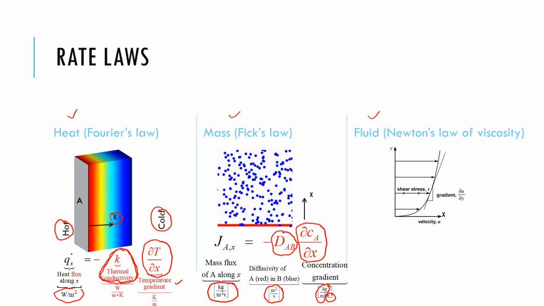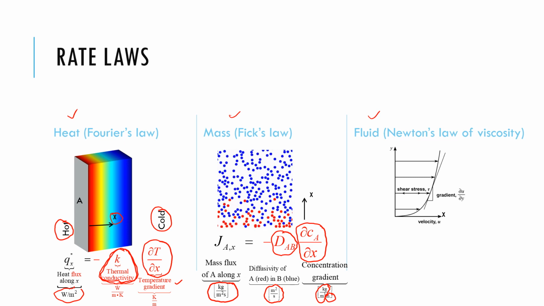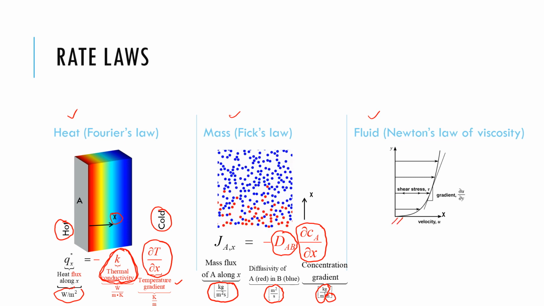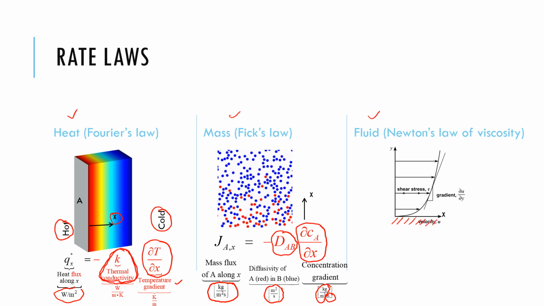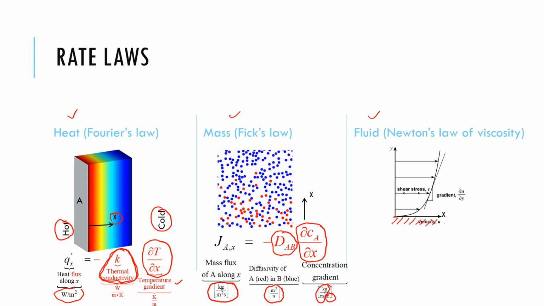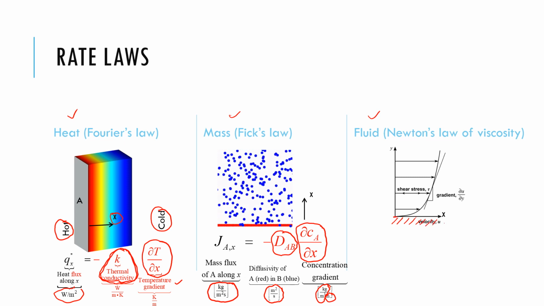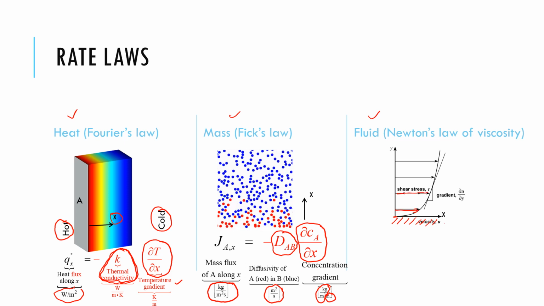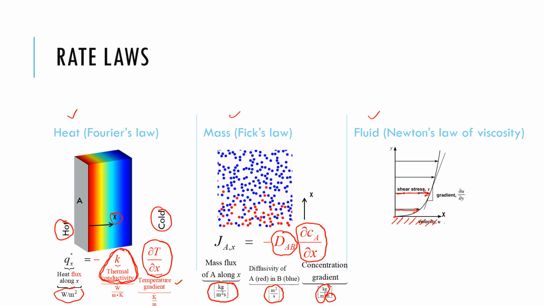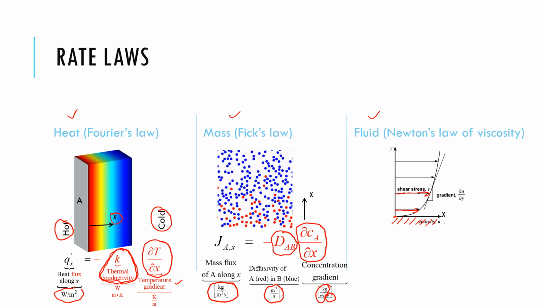Likewise, we have one for fluid flow. Let's say we have fluid flowing over a solid surface. On the surface, velocity is 0, and then the velocity increases as you go further from the surface.